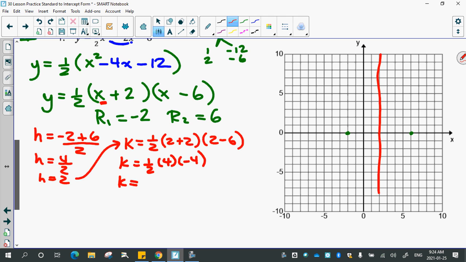You can use 0.5 on your calculator when you're calculating if you like. -8. So you should get your vertex to be 2 and -8.